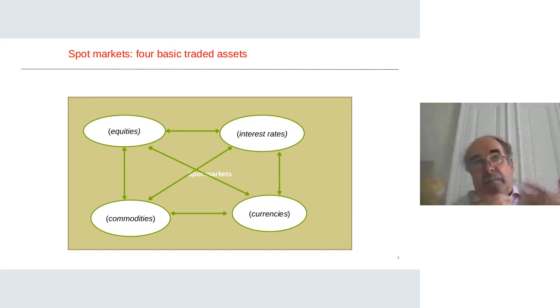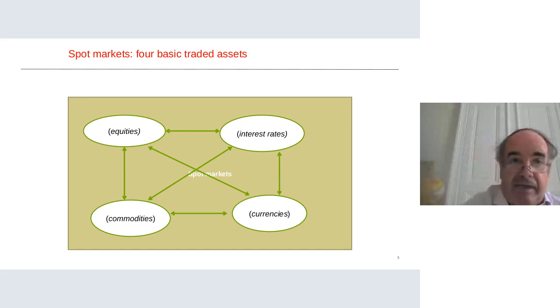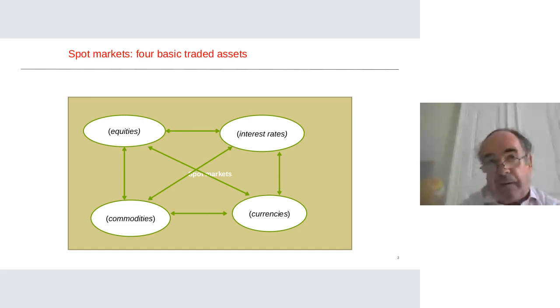I repeat that buying spot equity is just paying immediately. You pay $100 and you receive immediately the equity. So it's a spot operation. But you can also do the same thing forward. You can lock in today a price for buying instruments and equity.